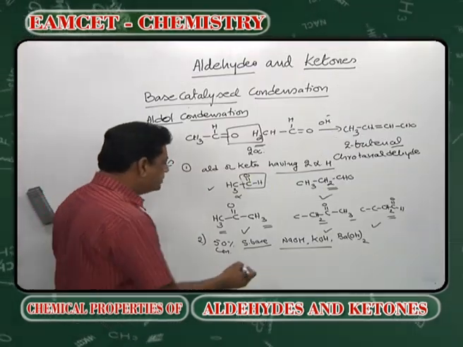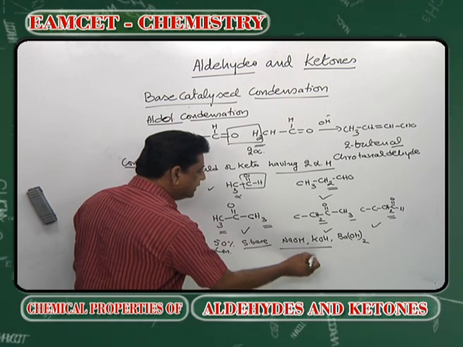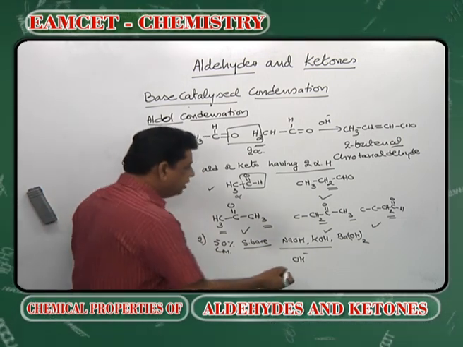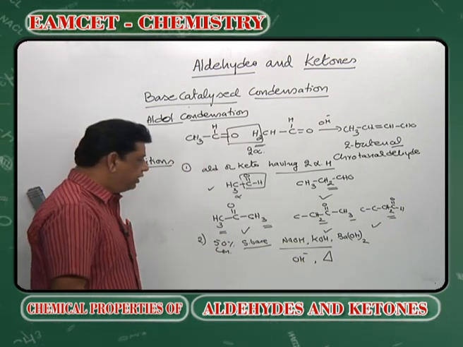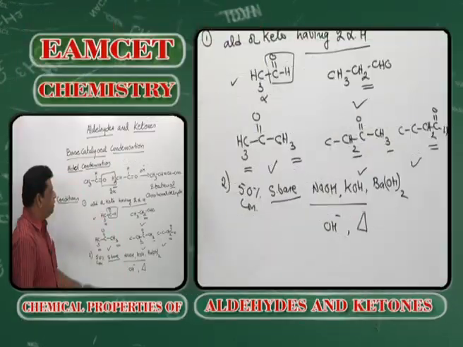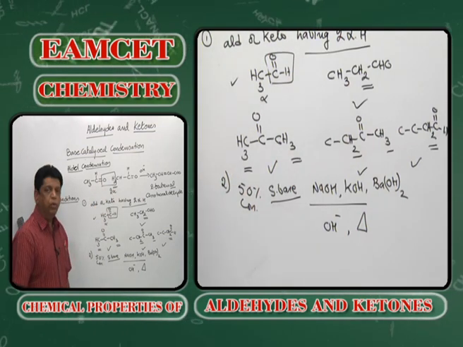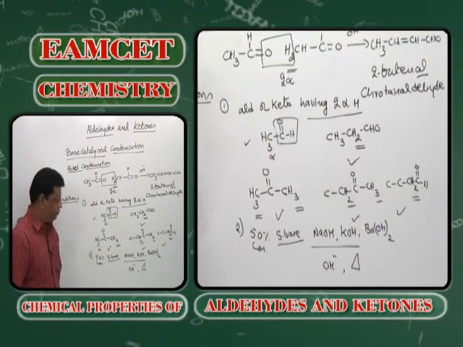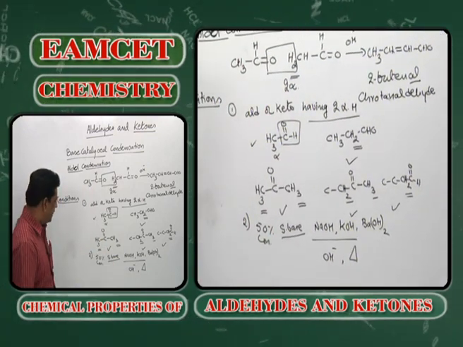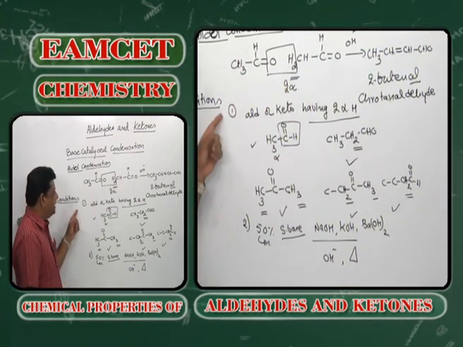You can commonize it also, the OH minus is enough in fact. However, we are heating, nominal heating, just heating is enough. You need not go for very high temperature, just around 100 degrees is enough to promote the dehydration reaction.